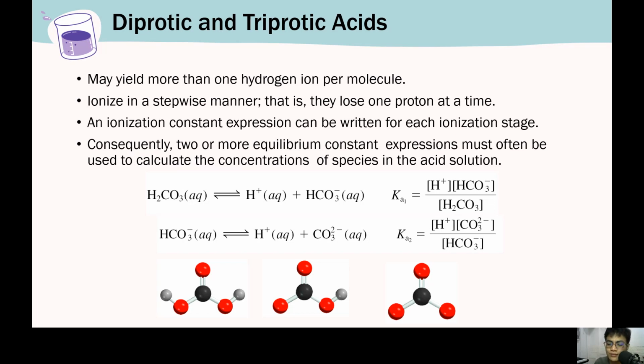Ibig sabihin, pag nag-ionize siya, let's say for diprotic acid, yung dalawang hydronium ion na yan, hindi siya lahat nababaklas in an instant. So, slow yan. Yung isang H muna, then followed by the other. And that stepwise dissociation of protons has their corresponding equilibrium constants as well.